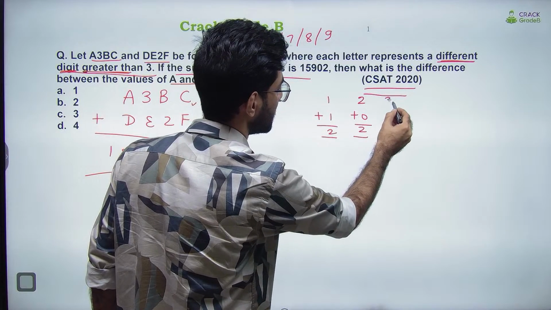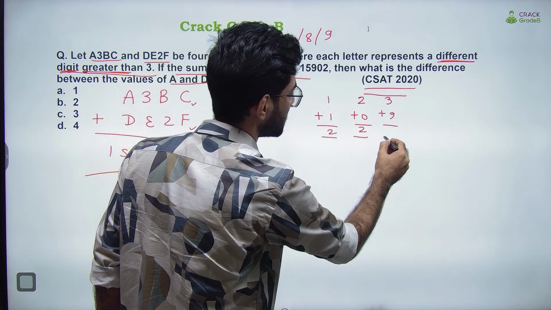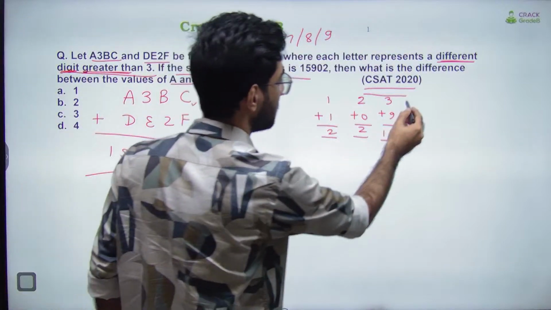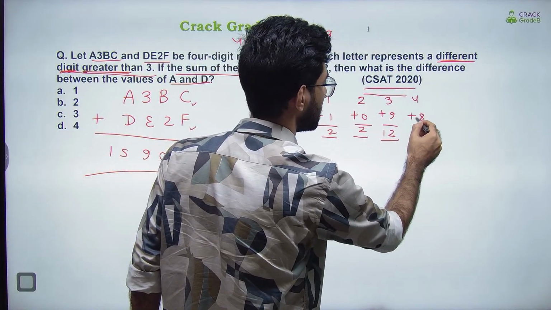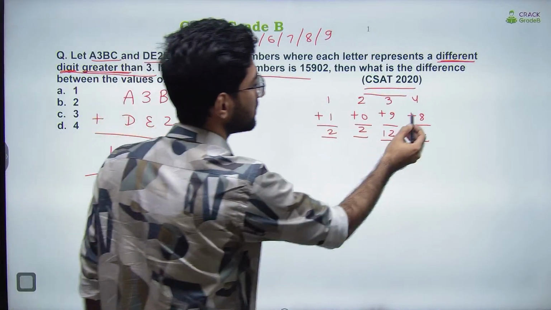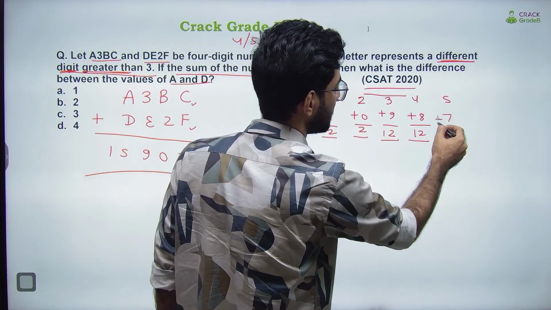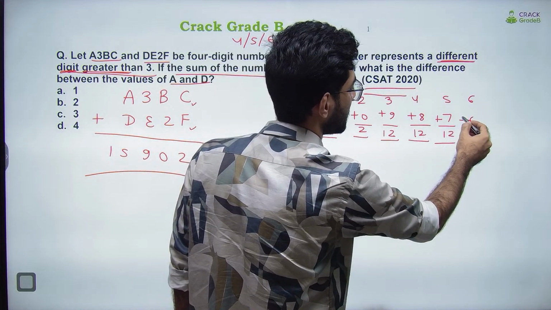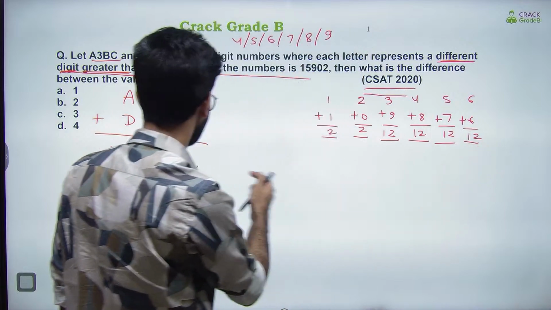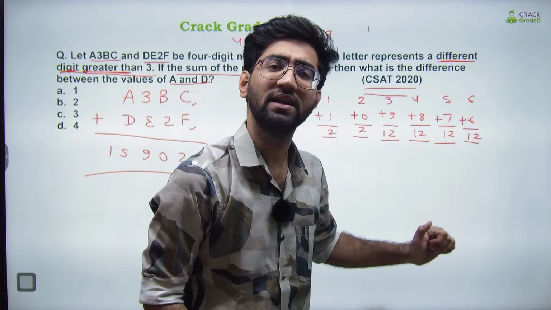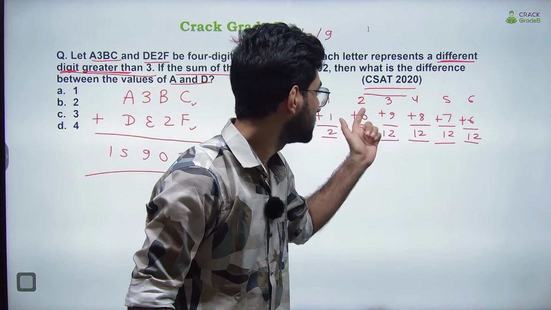Then obviously 3 plus 9 is 12, but you will write here 2. Similarly 4 plus 8 is 12, then you will write here 2. Similarly 5 and 7, then 2. Similarly 6 and 6, then you will get 12, and you will write here 2. Similarly 7, 5, 8, 4 and 9, 3 and 0, 2, right?